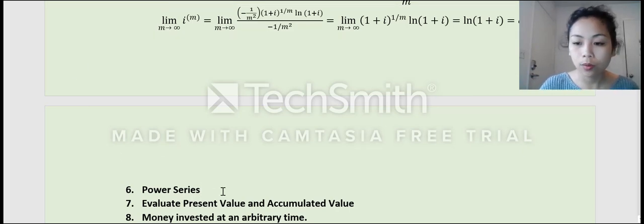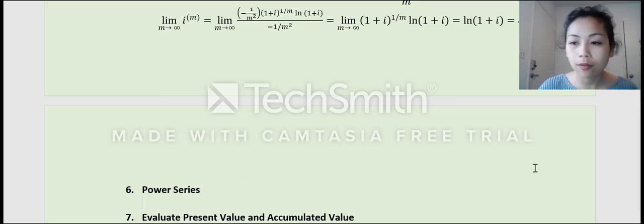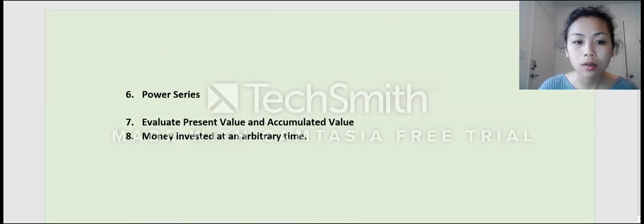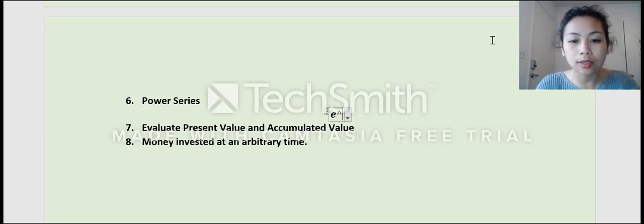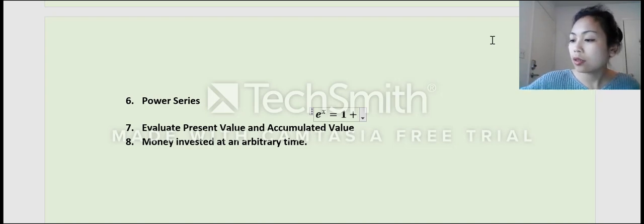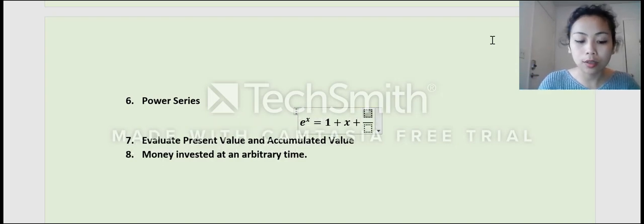Number 6, we are talking about some power series. So we have two power series here. e to the x equals 1 plus x plus x squared over 2 factorial plus x cubed over 3 factorial plus and so on.